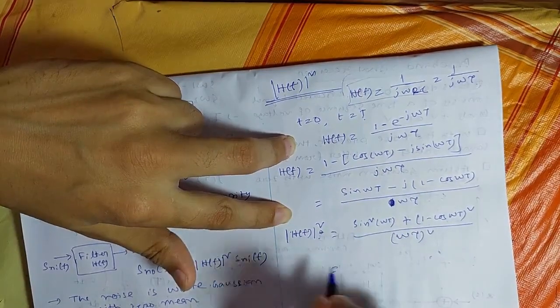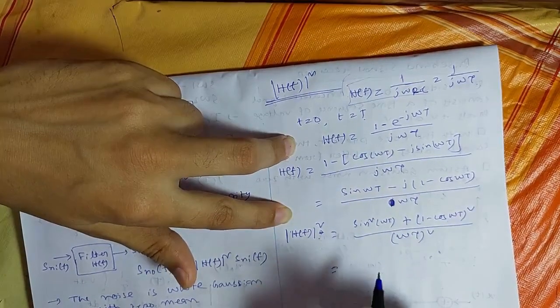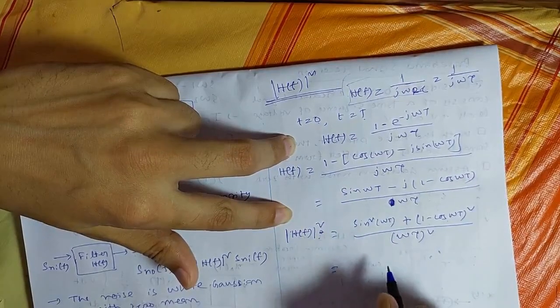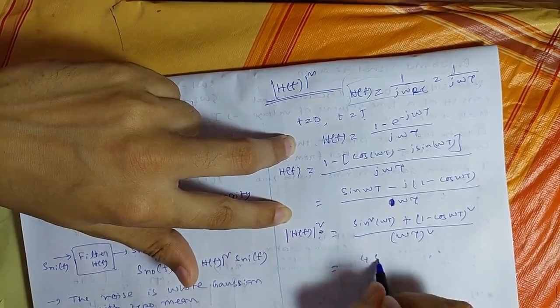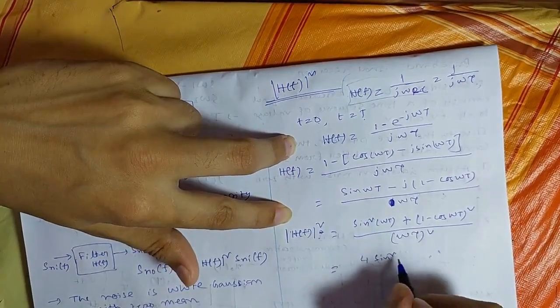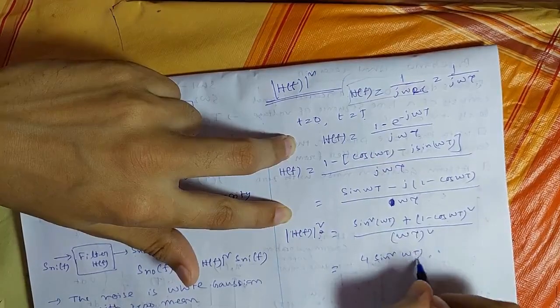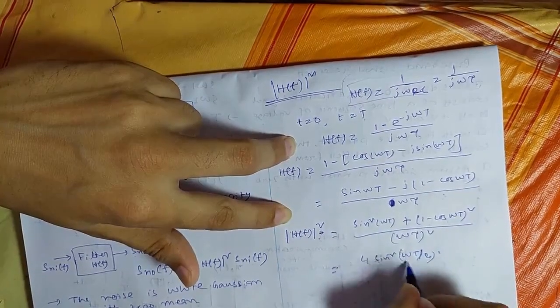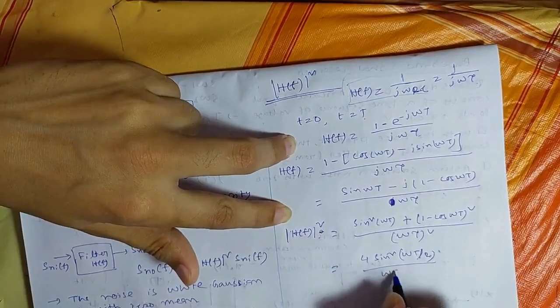If I simplify this, it becomes 4 sin square (omega T by 2) by (omega tau) square.